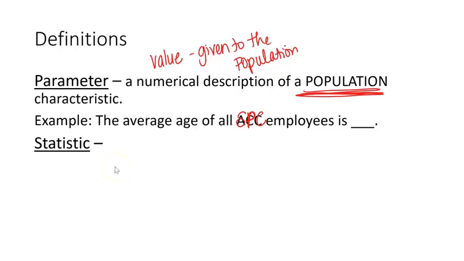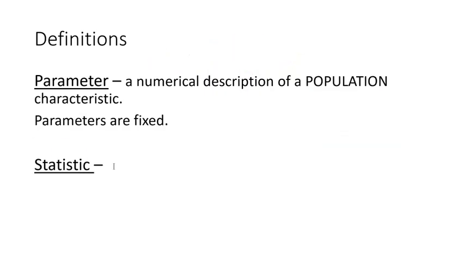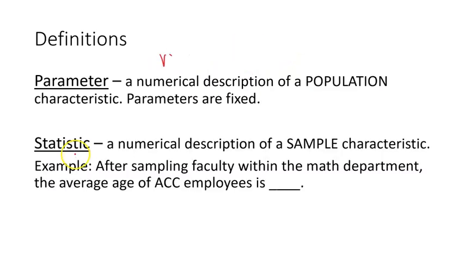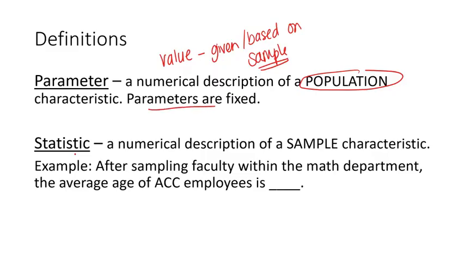When we're talking about a statistic, that is still a value, but now it's based on the sample. So both of these give you a numerical value, but one is based on the population, which is a fixed value. It will not change.